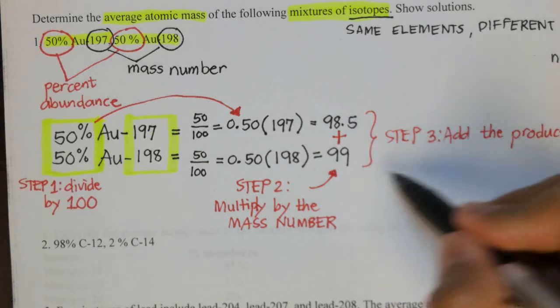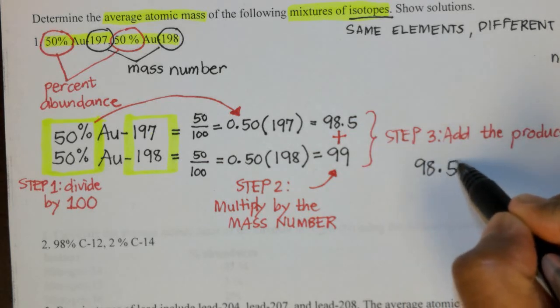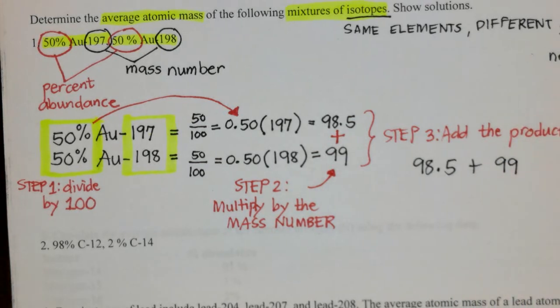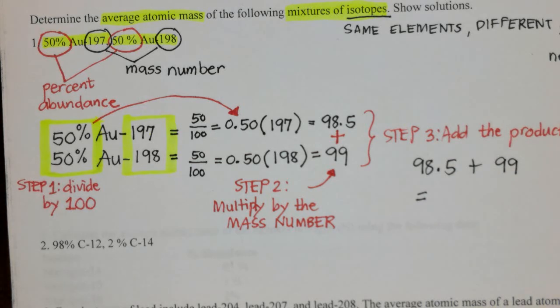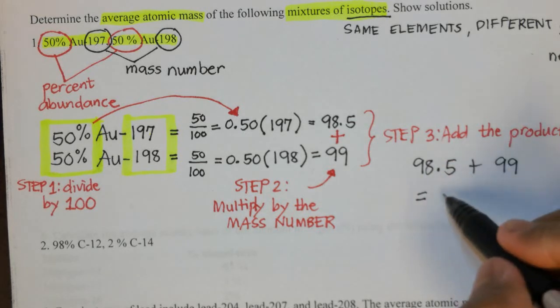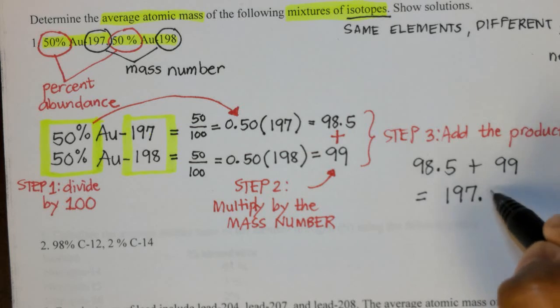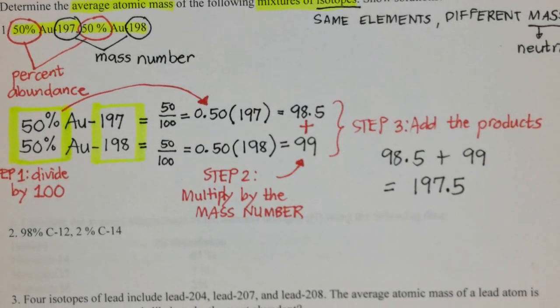So I'm just going to rewrite them. So that's 98.5 plus 99. Okay? And then go to the calculator, or you can even do that manually. 98.5 plus 99. You will get 197.5 as your final answer.